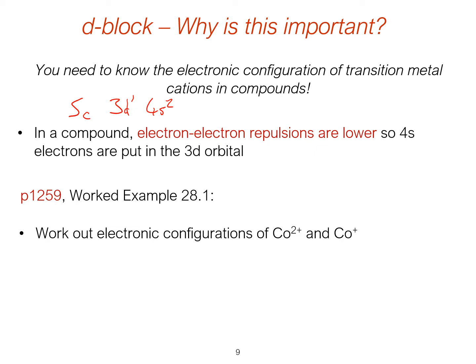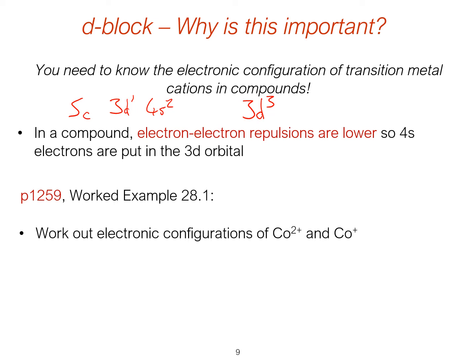Then when we make a compound out of it, even before it becomes a cation, sort of a thought experiment of scandium with all its electrons but in a compound, this lowers the electron-electron repulsions and makes the 3d orbital more attractive. So it's already lower in energy than the 4s, but the electron-electron repulsions are lowered. So it's just happy to be in the 3d. So scandium in a complex, in our theoretical compound, will have the electronic structure 3d3.